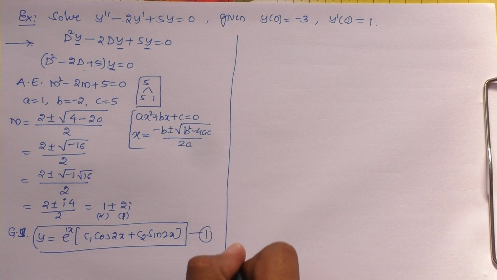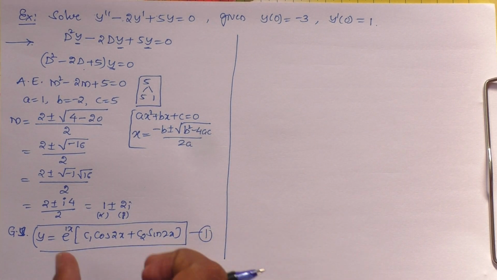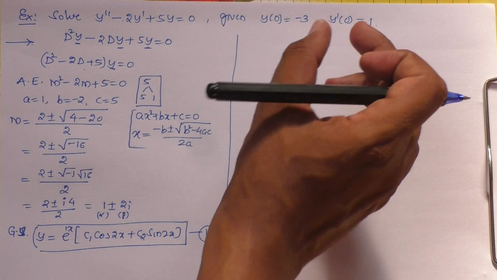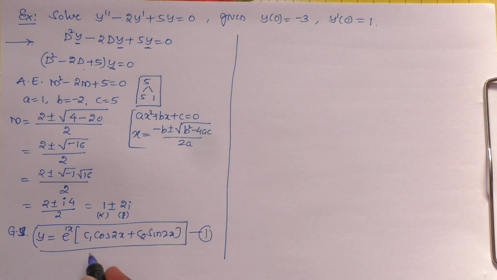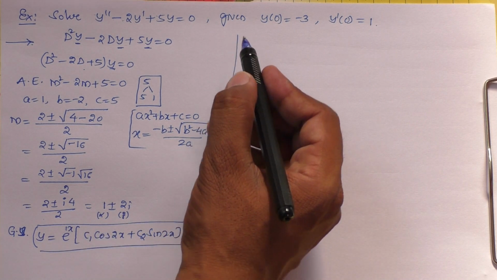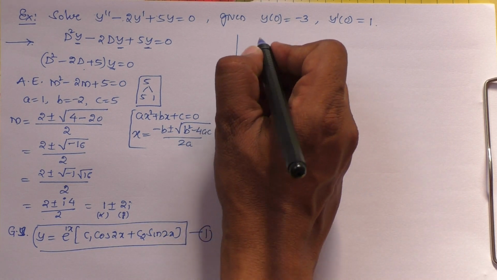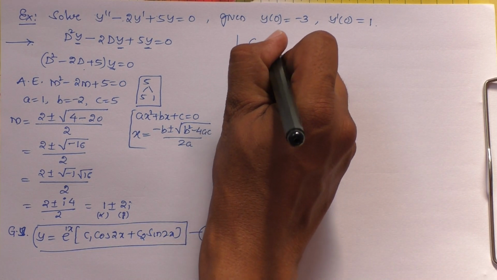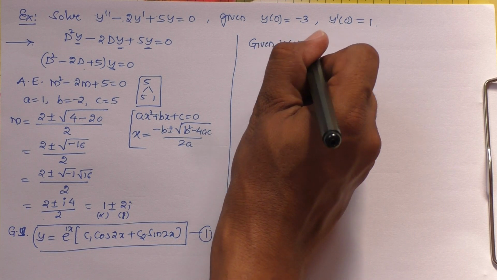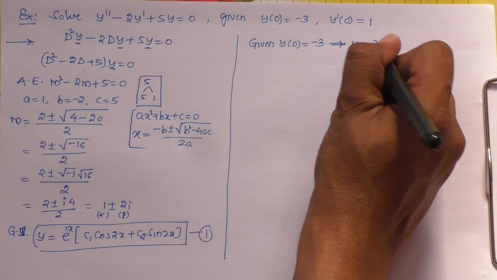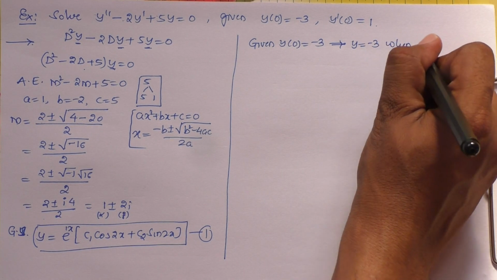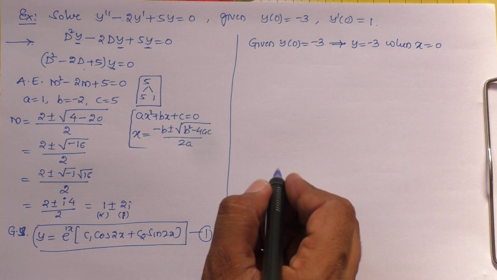Now, along with the differential equation, in this problem we have initial conditions. So let us apply the initial conditions one by one on the given general solution. First apply the first condition, y(0) = -3. So y = -3 when x = 0.